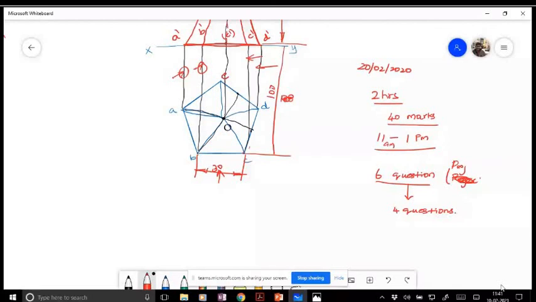Okay. So any doubts? What about Viva? The Dean Academics will give the timetable for Viva. So we will have that Viva at that time. During your end semester examination, they will give the timetable for each subject. In that, our subject will also come. Sir, what type of questions will be asked in oral Viva?